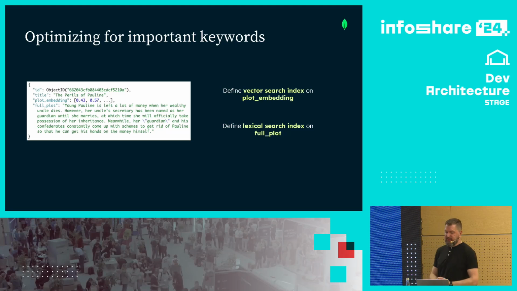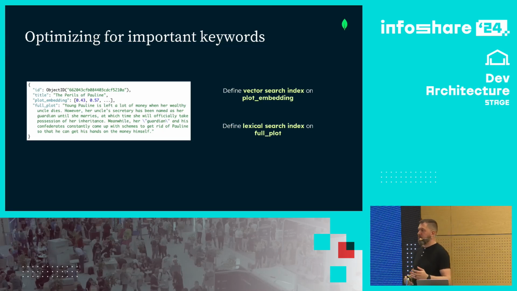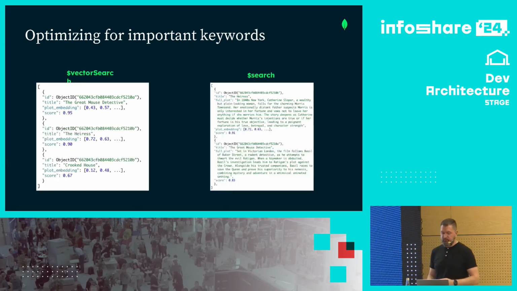Again, let's take the example of our movie database. We could generate embeddings of the plot text field, for instance, and create a vector search index on that. And then we could define a lexical or full text search index on the text field. So we have our embeddings field and our text field, and we have indexes on each of those.